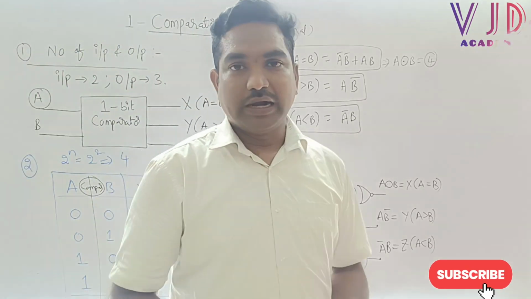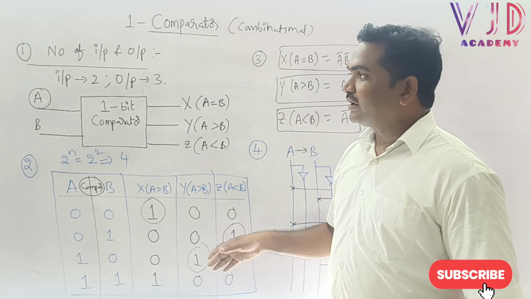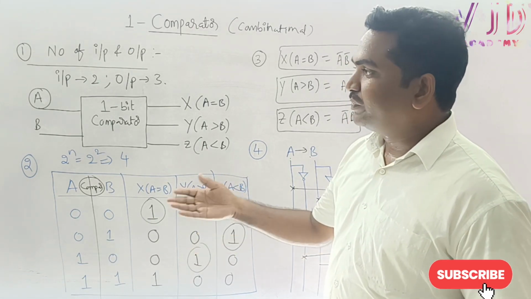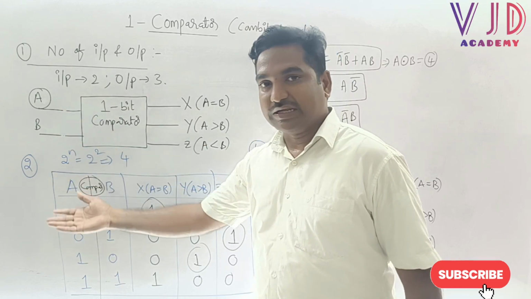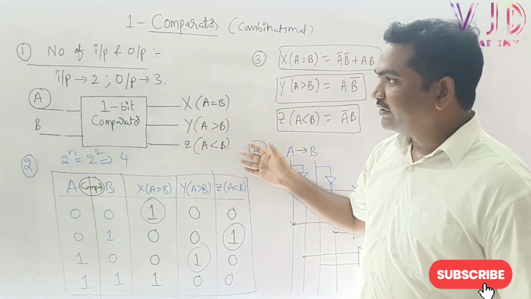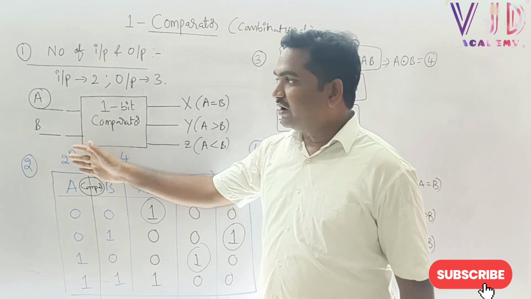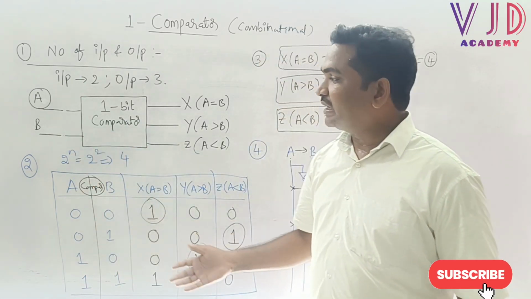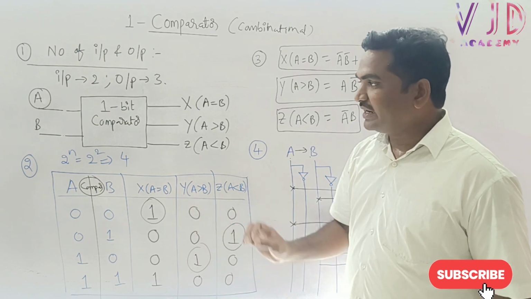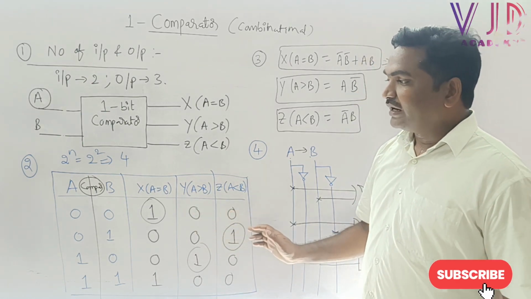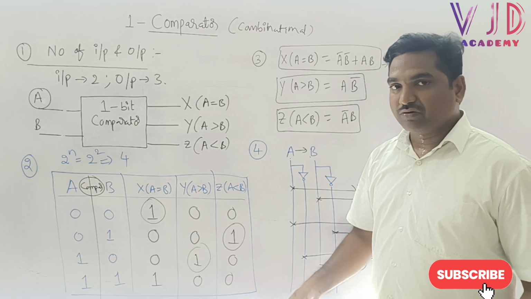Let us try to understand when there are many inputs, 2 bits, 3 bits, 4 bits, which means the number of inputs may be increased and outputs are always fixed. The moment the number of inputs is increased, how many equal conditions are there, how many greater conditions, how many lesser conditions, there may be a question of asking.